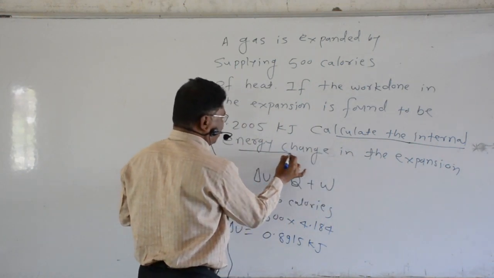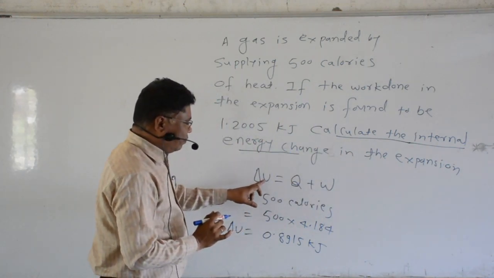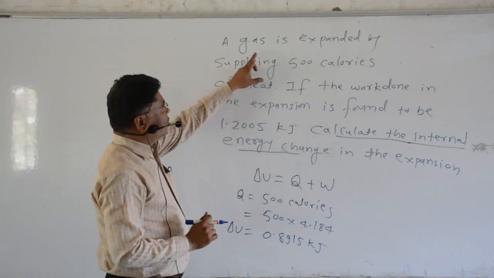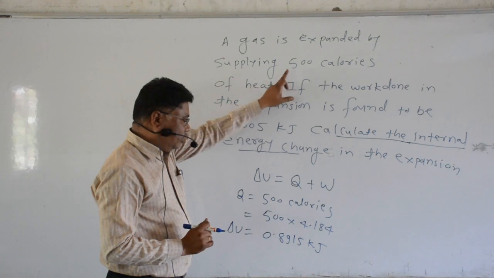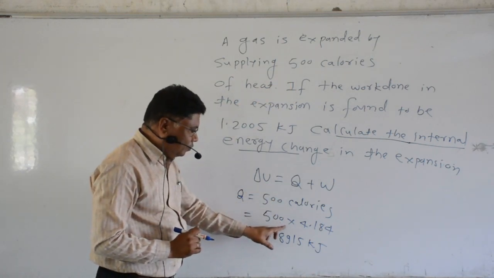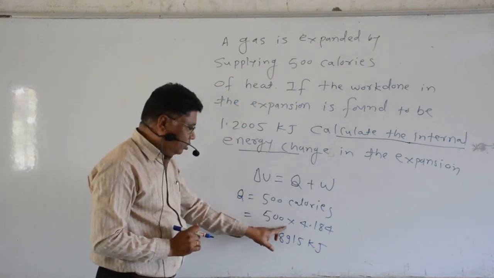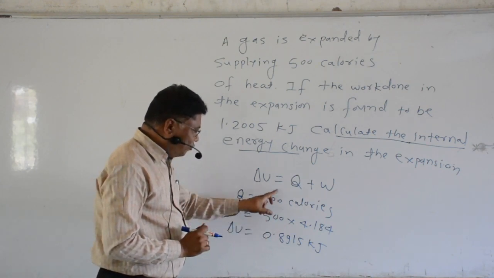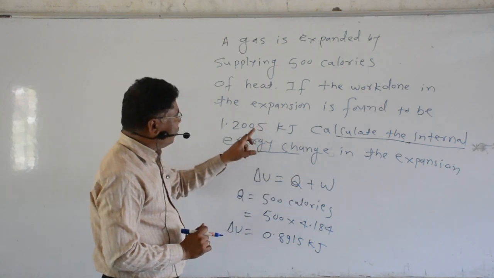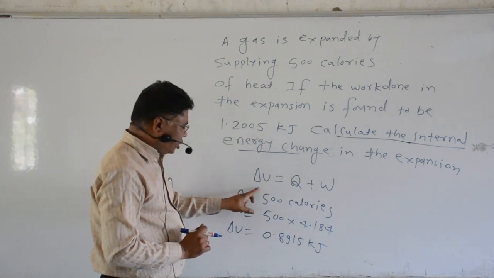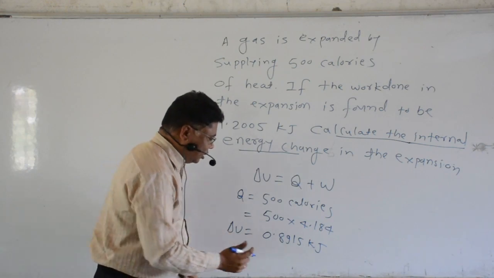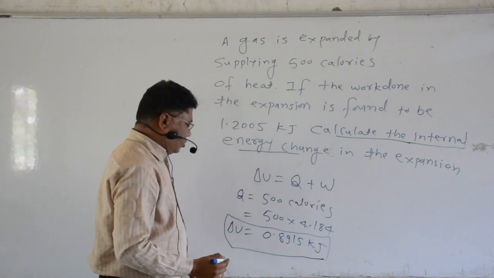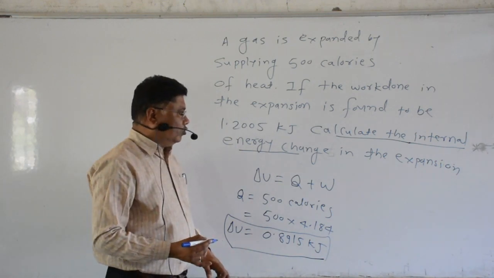So once again, in this problem we have to calculate the internal energy change by using the formula delta U is equal to Q plus W. The value of Q is given in calories. We converted it into kilojoule. Then when we put this value of Q and this value of W in this equation, we get the change in internal energy delta U is equal to 0.8915 kilojoule.